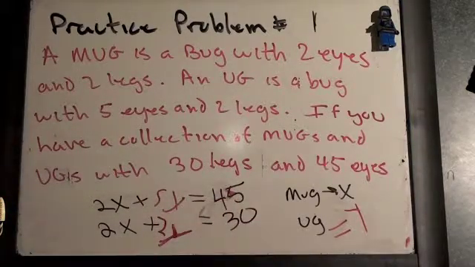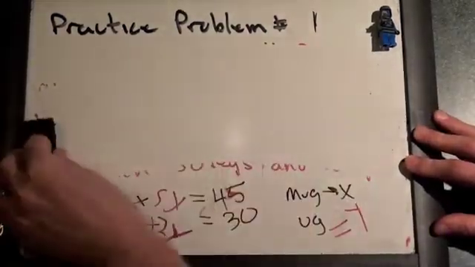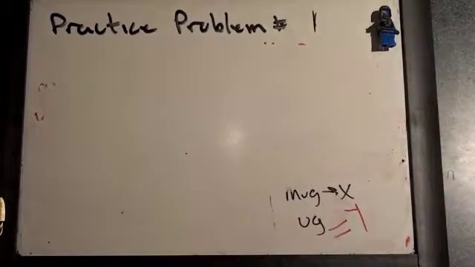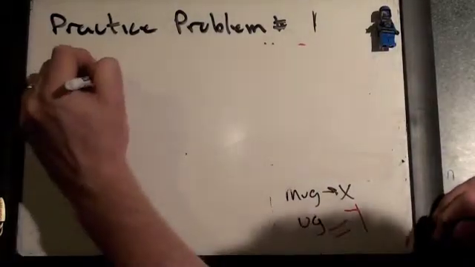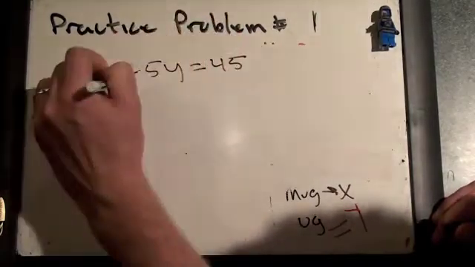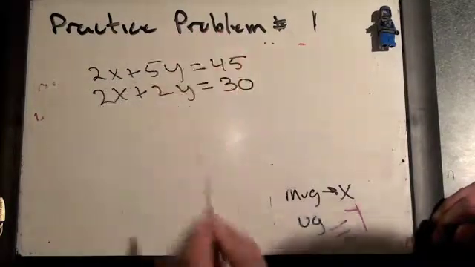Okay, so our equations that we're trying to solve are 2x plus 5y equals 45, and 2x plus 2y equals 30. Now I'm going to erase up here and rewrite our equations. But we have to remember that our mugs are x and our uggs are y. So it's 2x plus 5y equals 45, and 2x plus 2y equals 30.